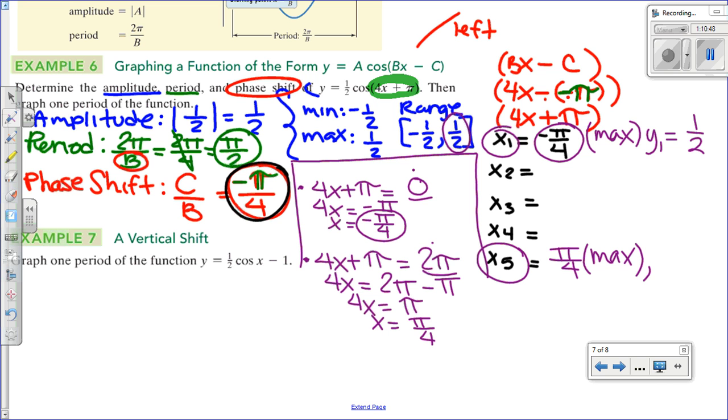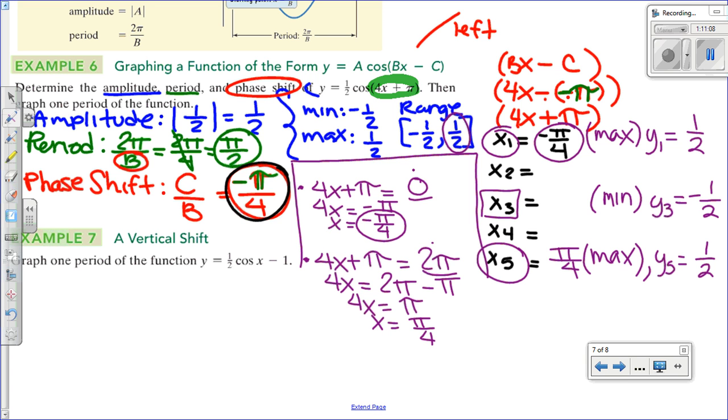And the y value that corresponds here is also positive 1/2. Now remember that right in between the two maximum values, it is the minimum value. And that y value that corresponds to it will be negative 1/2.